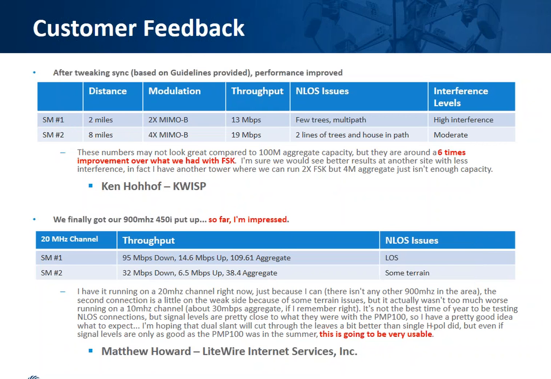You can read through the commentary, which I've copied verbatim into the slide. He had a couple different sites, one with more line of sight than the other, one with higher interference than the other. But he's pretty impressed and has about a 6x improvement over what he's getting with FSK. So good news there. He's also in Illinois, west and south of Chicago.